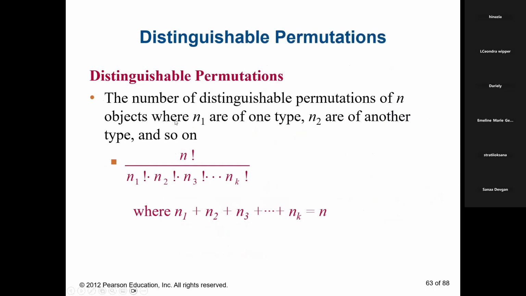Now, let's talk about distinguishable permutation. The number of distinguishable permutations of n objects, where n1 are of one type, n2 are of another type, and so on, is given by n factorial over n1 factorial times n2 factorial times n3 factorial, and if you have more types, you keep multiplying up to nk factorial.